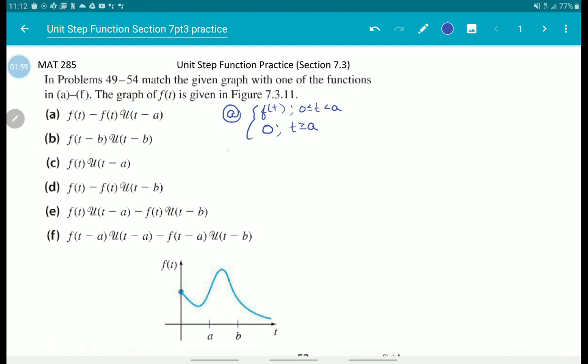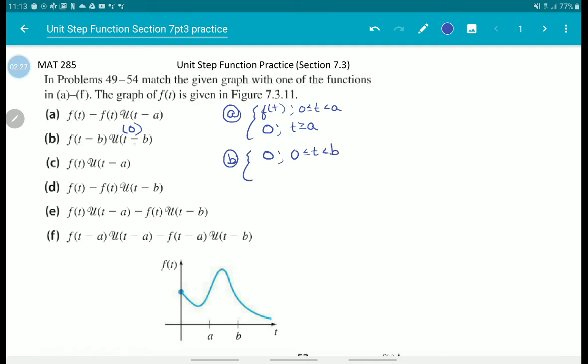Now, let's write B. So this says f of t minus b once we hit B. So before we hit B, this is going to take on a value of 0. So f of t minus b times 0 would just be 0. So it's starting at 0.